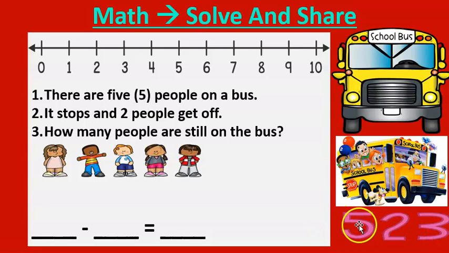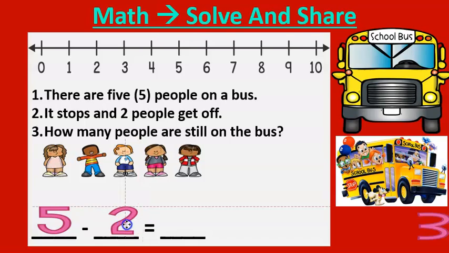So, watch Mr. Begay, okay? Here's what I want you to do. The big number, the first number that you see here, is going to come here now first in your subtraction equation, which is going to be 5. Now, this next number says 2. We jumped back 2 times.